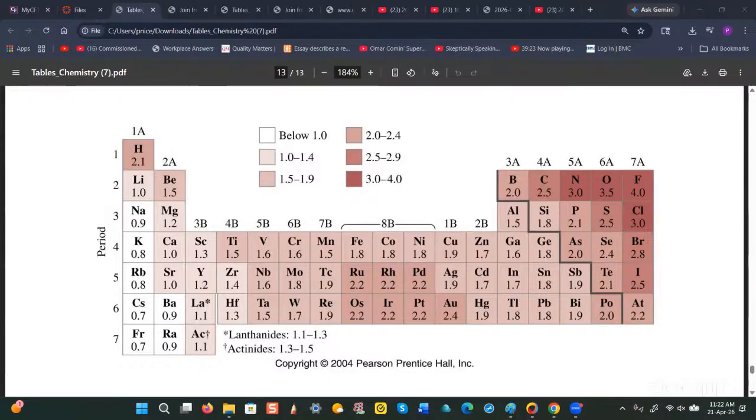Usually in most periodic tables, after the lanthanides, they put a special block outside of the rest of the table, which starts with the next element after lanthanum. So these elements in this block would fit into where you have the lanthanide right here. But apparently, I suspect that they have some difficulty determining the electronegativity values on those elements, so that's why they just put 1.1 to 1.3.